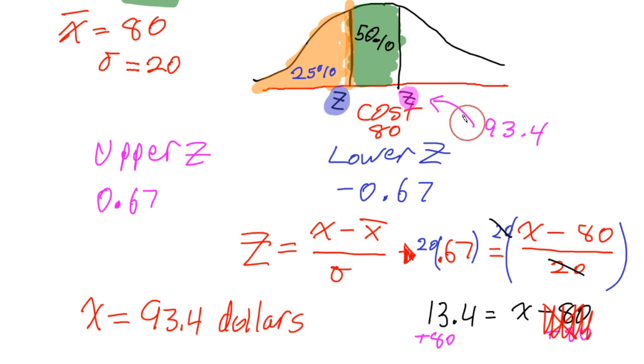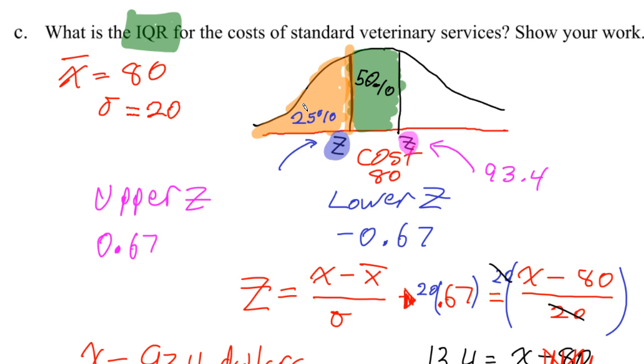So if I went 13.4 this way, it's going to be 13.4 going the other direction to get the blue z-score cost right here. If I take 80 and subtract the 13.4, that gives me 66.6. So this is a $66.6 amount.